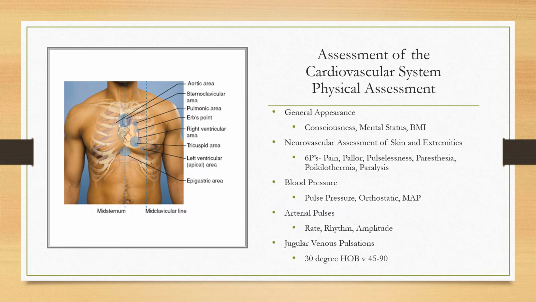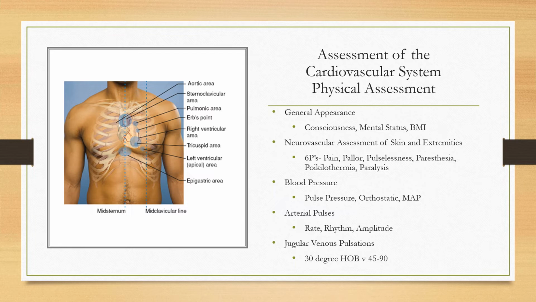Your JVP, jugular venous pulsations, so we put the head of the bed at around 30 degrees, typically between 30 and 45 degrees, not straight up. And we're looking at the neck veins. And what we really want to see is, is there elevated JVP?